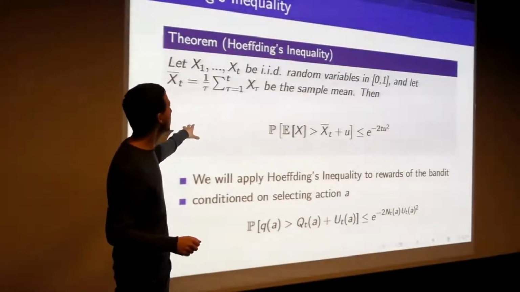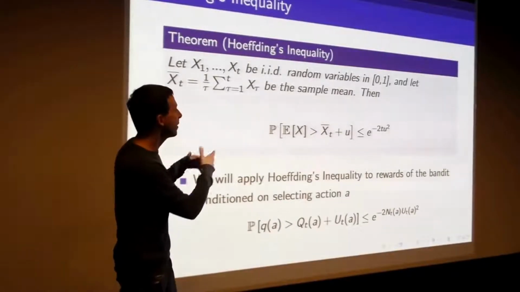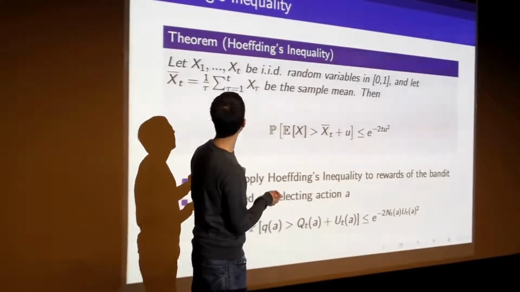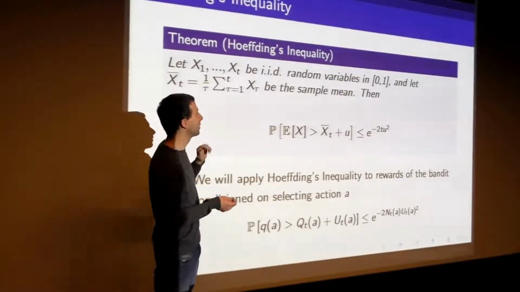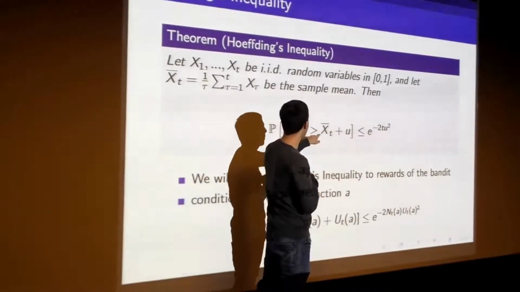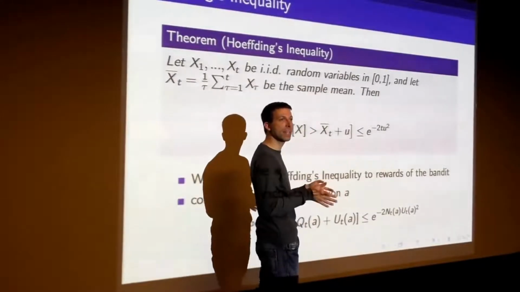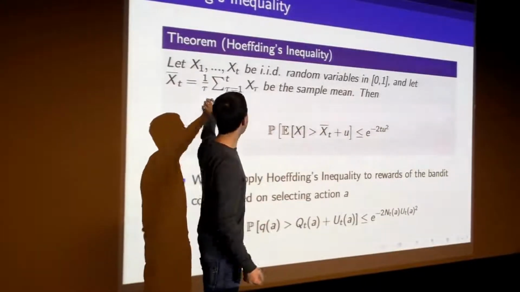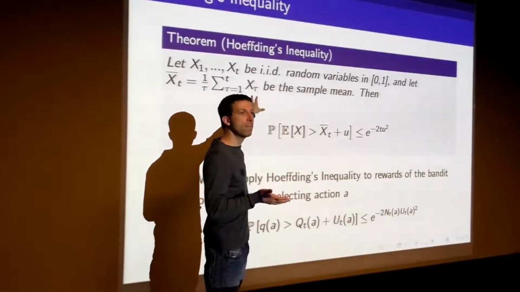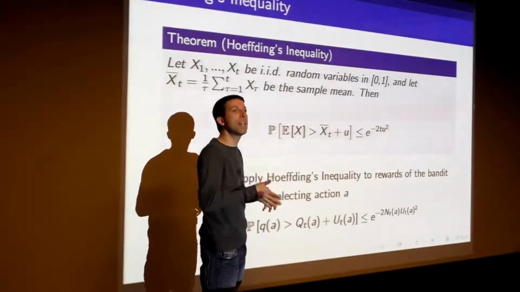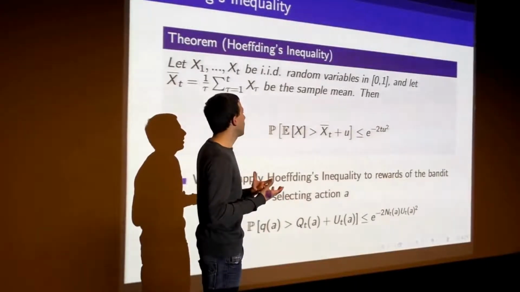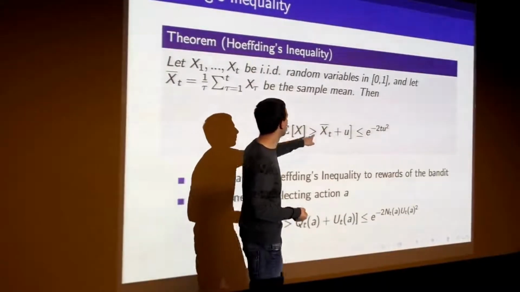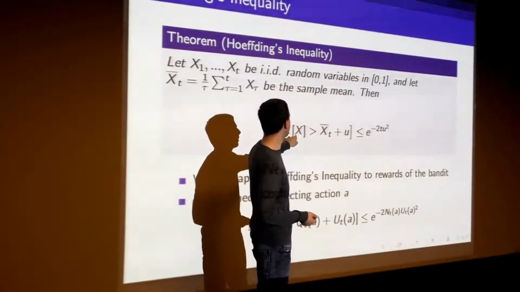This is called Hoeffding's inequality, and it basically tells us that if you are sampling random variables between 0 and 1, so we've got these x values, and you keep sampling those x values again and again, and we take an empirical mean of all of our samples that we've seen so far, then what's the probability that the sample mean is actually less?